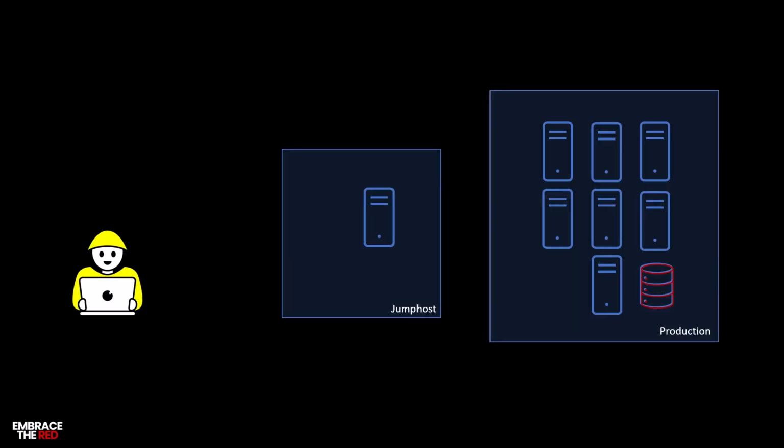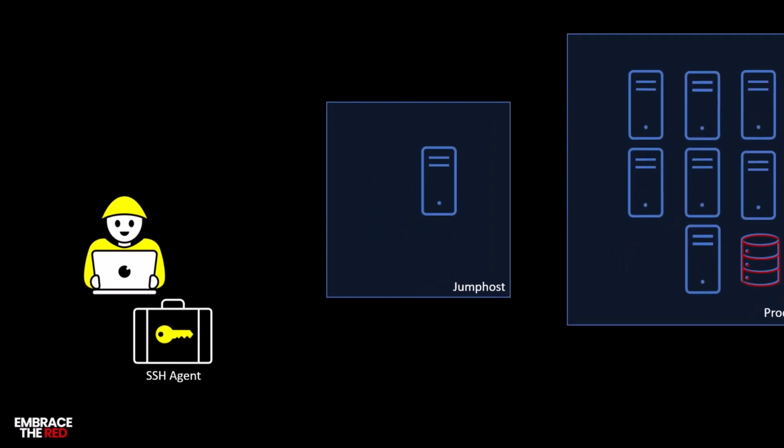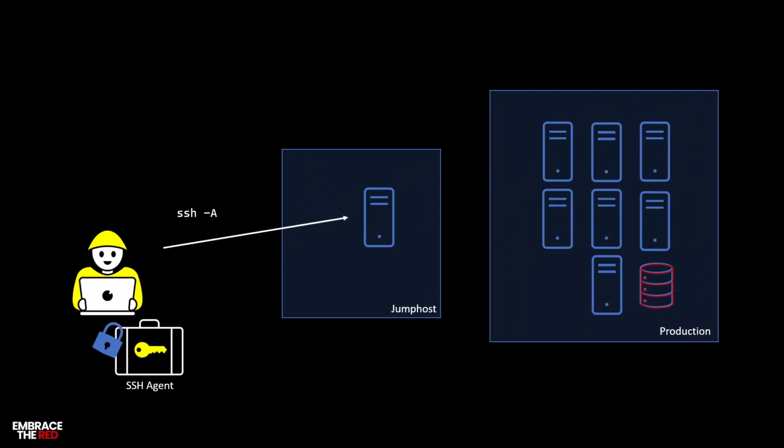The way this typically looks in a production environment, you have Bobby who starts up SSH agent, puts the key into the agent so it's stored securely on the machine, and then Bobby performs SSH -A, which forwards the key to the next host.